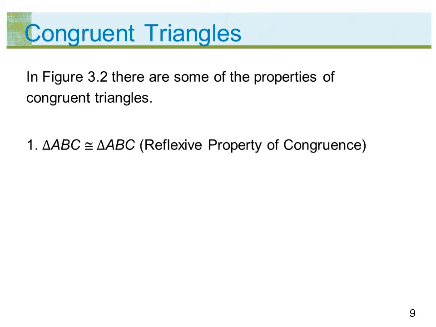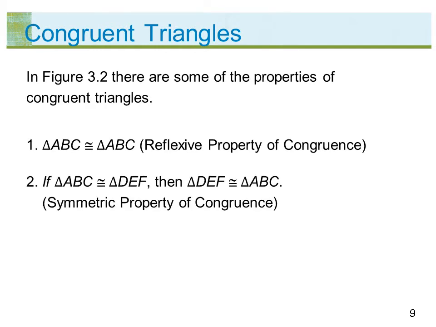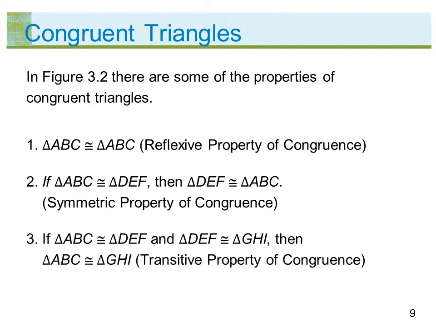Number 1. Triangle ABC is congruent to triangle ABC, reflexive property of congruence. Number 2. If triangle ABC is congruent to triangle DEF, then triangle DEF is congruent to triangle ABC, symmetric property of congruence. Number 3.